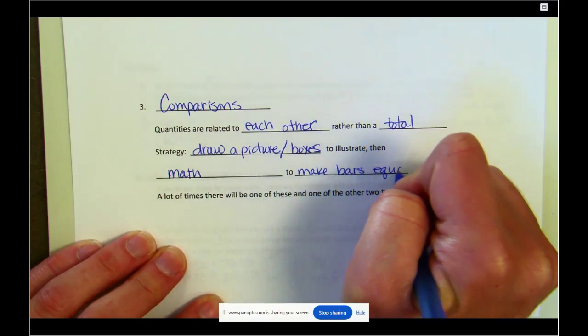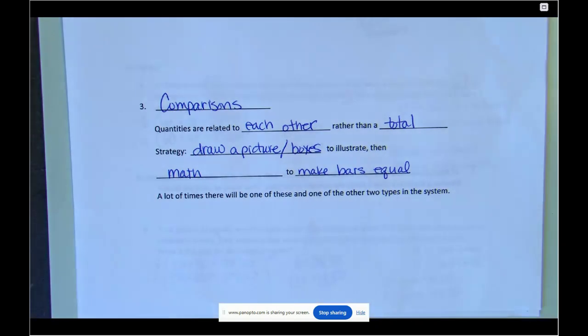I'll give you an example of that, okay? A lot of times there will be one of these and then one of the other two kinds in the system. So one equation will be about comparisons and one will be about totals, or like a read it, write it one.